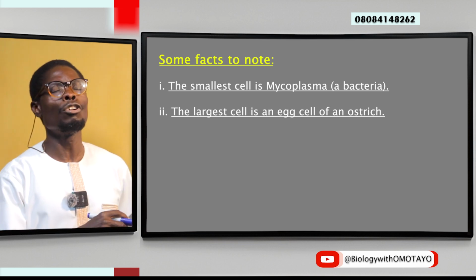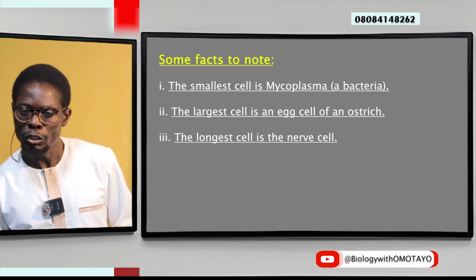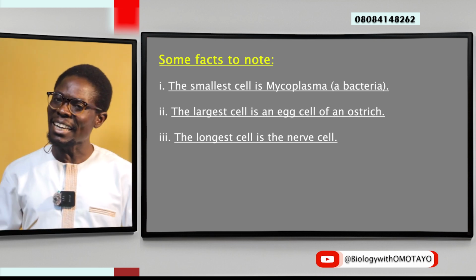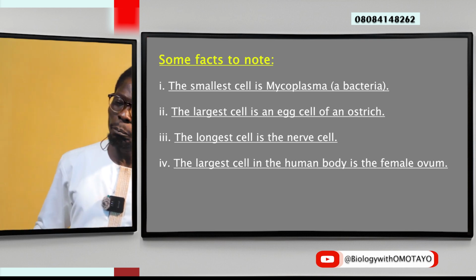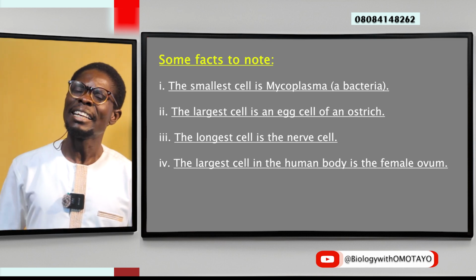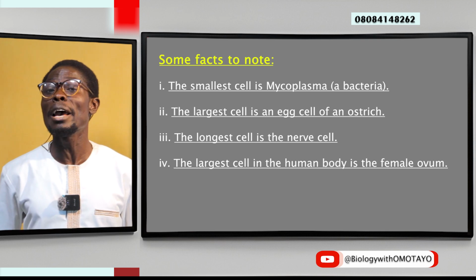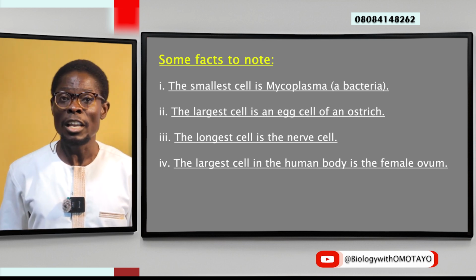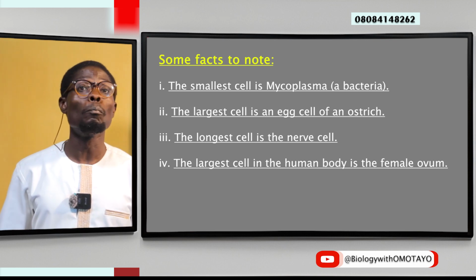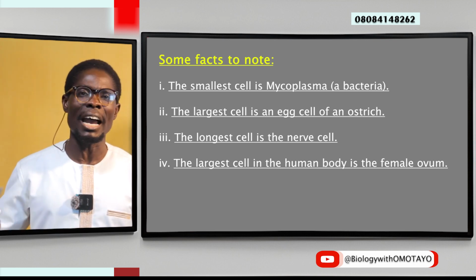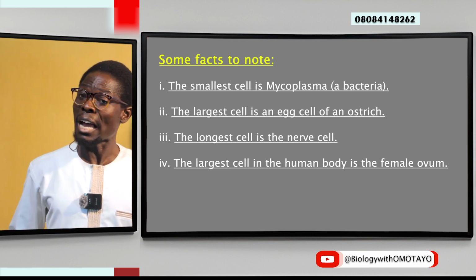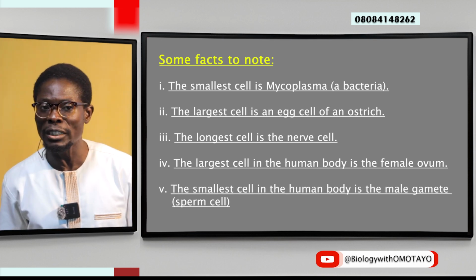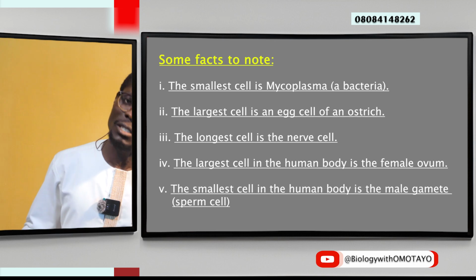And then the longest cell known so far is a nerve cell. And then the largest cell in the human body is the female ovum. Yes, the female egg that is released during ovulation. It is multiple times larger than the sperm cell. And that brings us to the conclusion, because the smallest cell in the human body is the sperm cell.